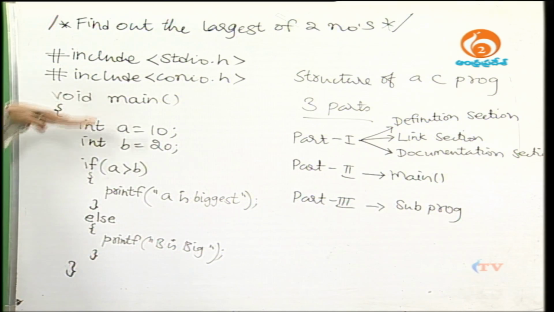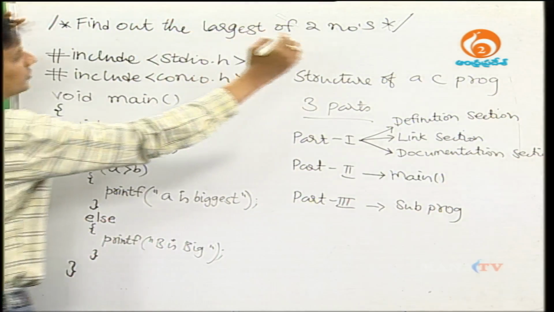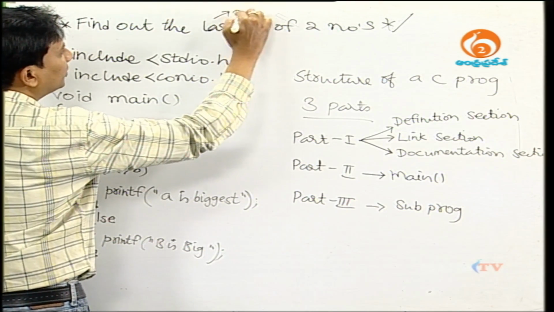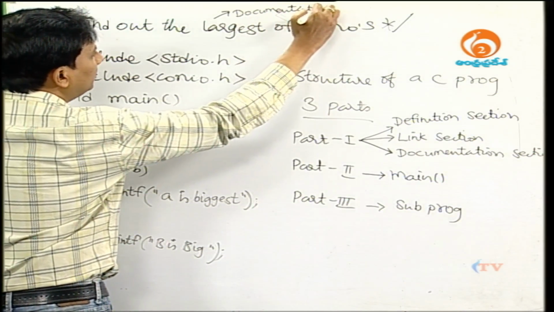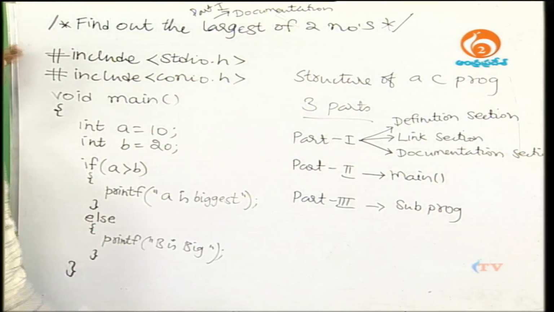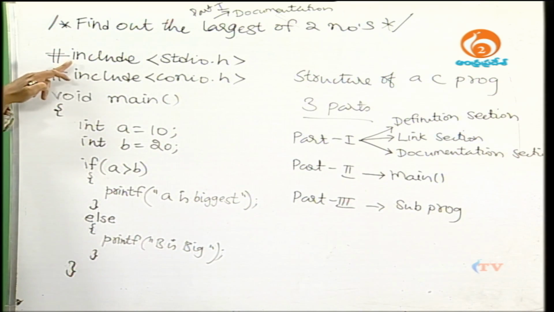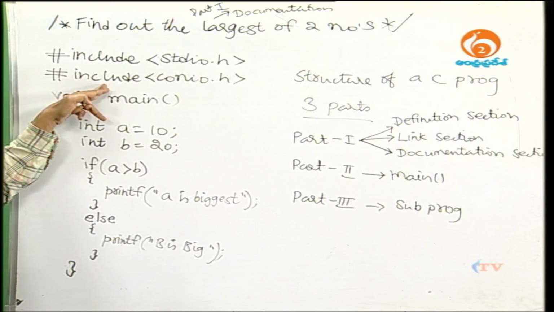Here, the documentation section is part 1. This is the link section: #include stdio.h and #include conio.h come under the link section, meaning they link from the system library. Next, the definition section, which we did not mention here, is used for macros.